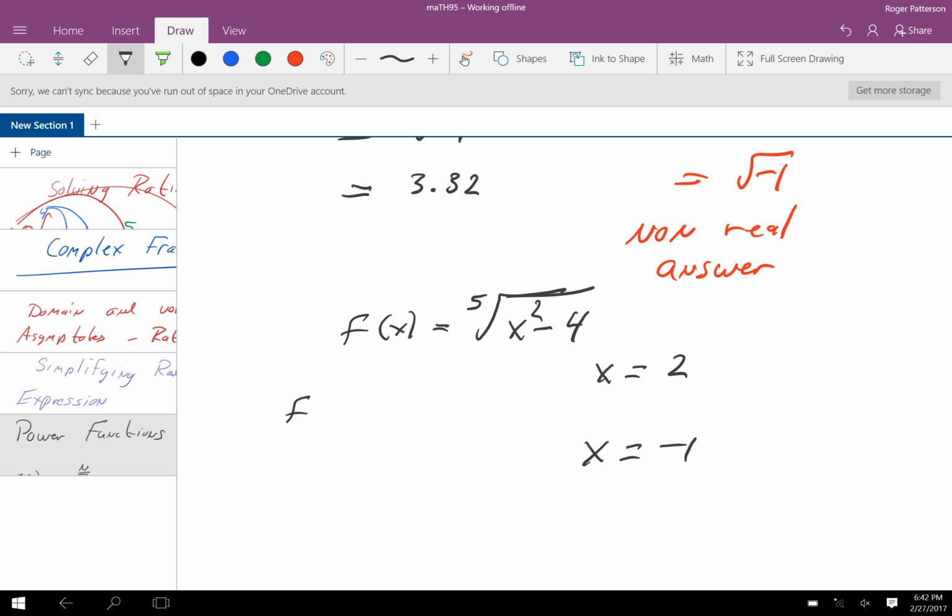So again, all I'm doing is putting these numbers in for x. So 2 squared minus 4. So that's just the fifth root of 0, which of course is going to be 0. Nothing earth-shattering there.